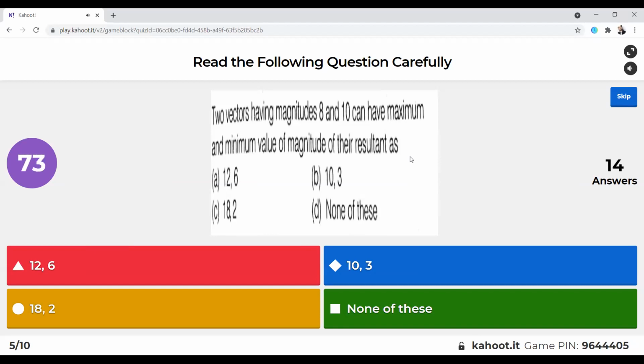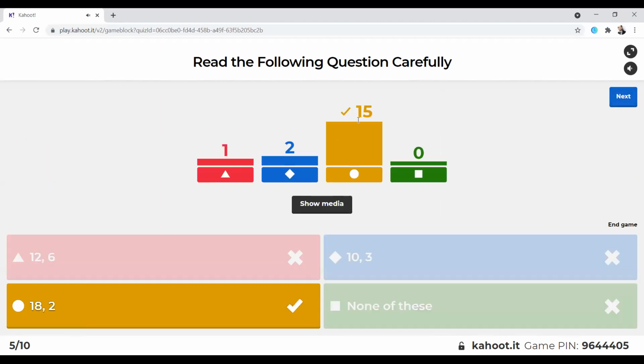Last 5 seconds. थोड़ा जल्दी जल्दी करेंगे, ये तो हो गया था. This complete chapter itself we are revising. चलो last 5 seconds. And right, 18 and 2.